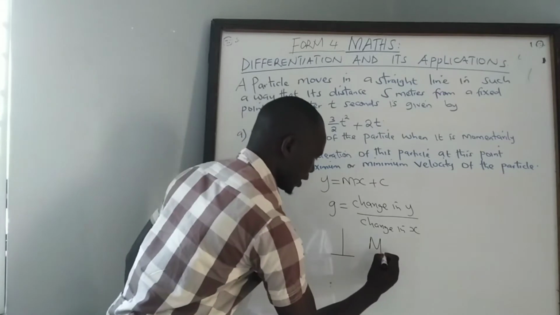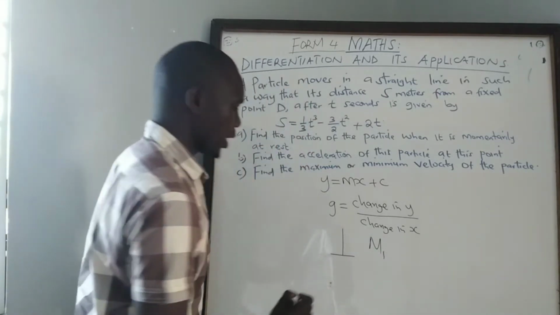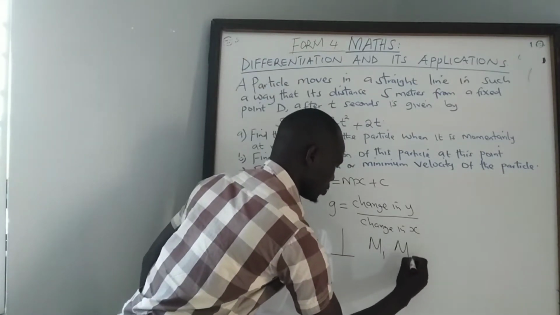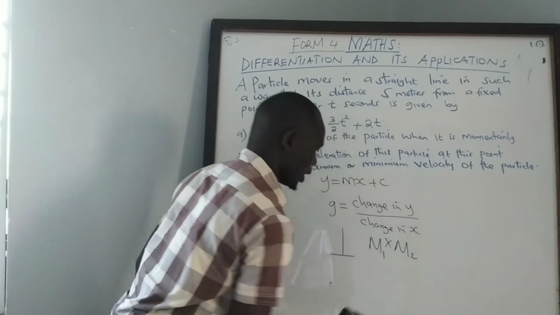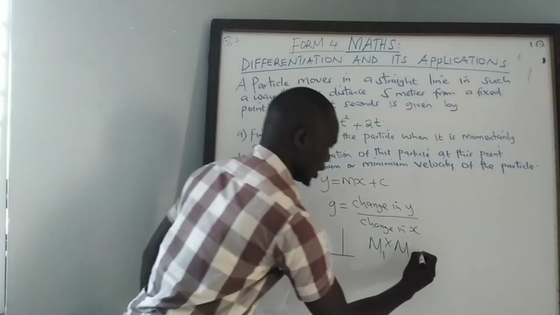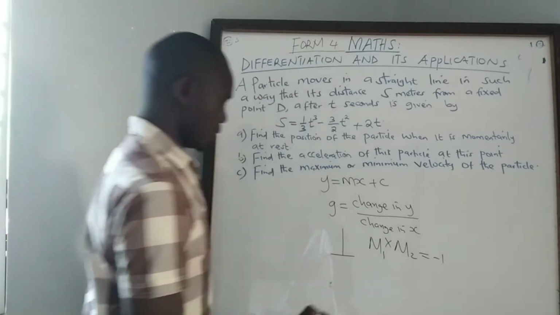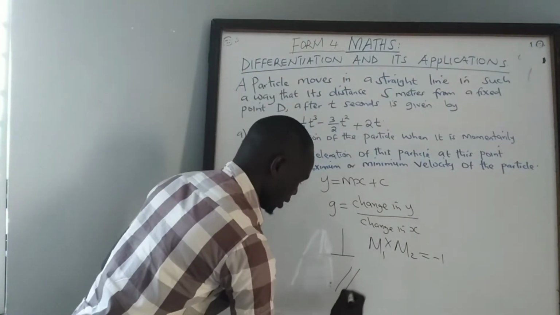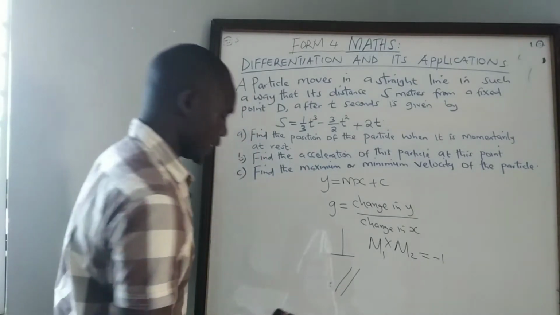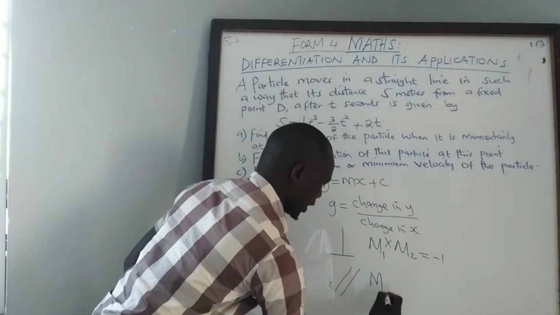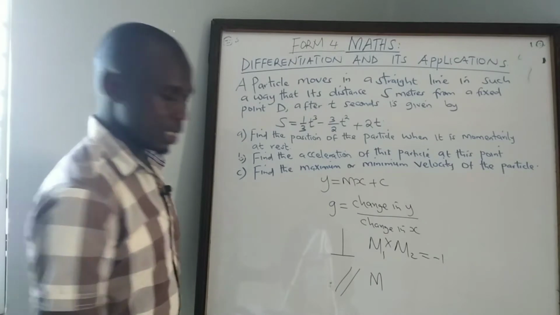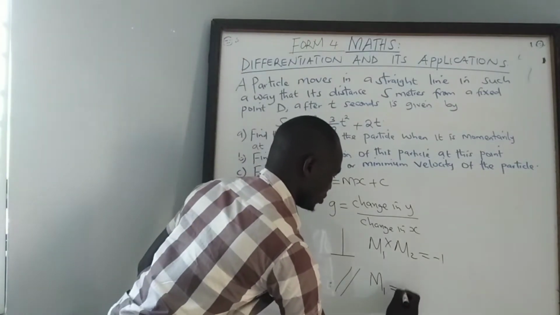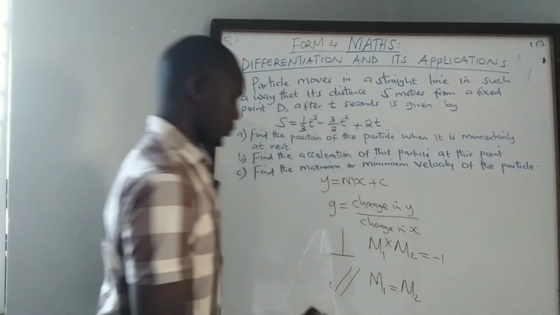That is, if the gradient of line 1 is m1 and of line 2 is m2, their product must always give -1. For parallel lines, their gradients must be equal, i.e. m1 = m2.